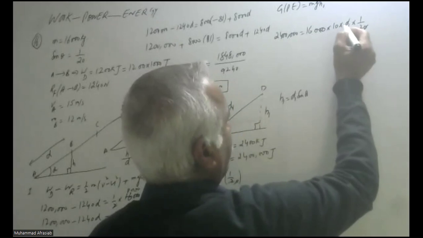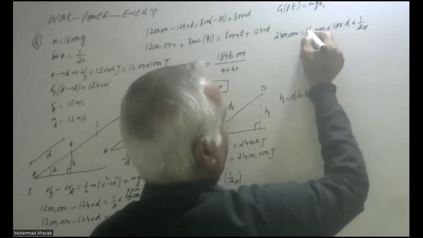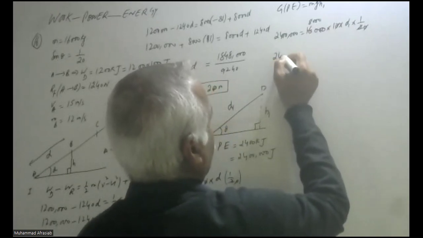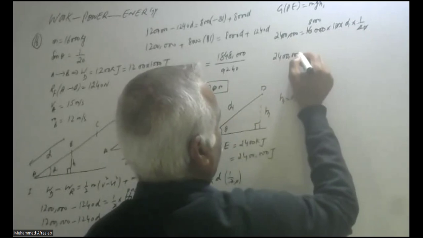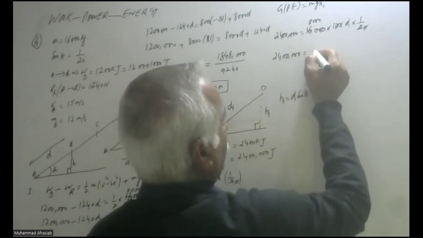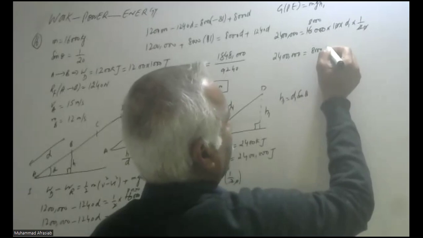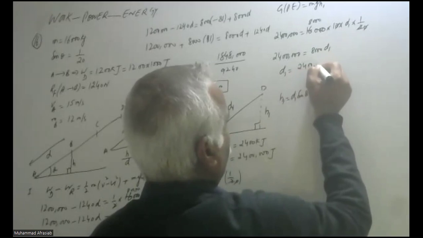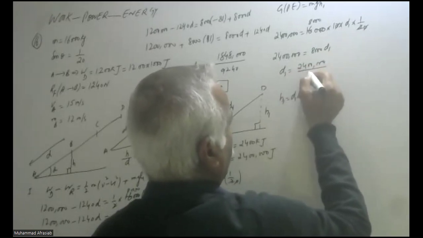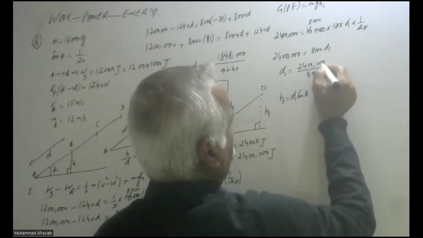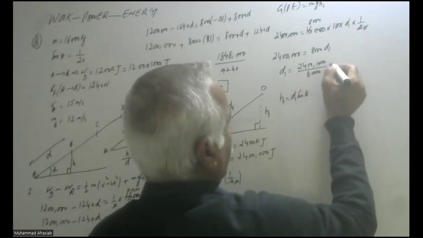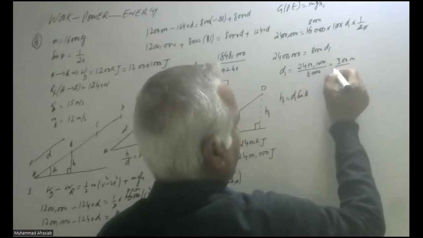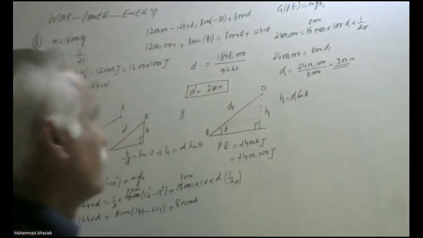So this and this cancel, this and this cancel. So 24 is equal to 800 d1, or d1 is equal to 300 meters. That is the calculation from B to D.